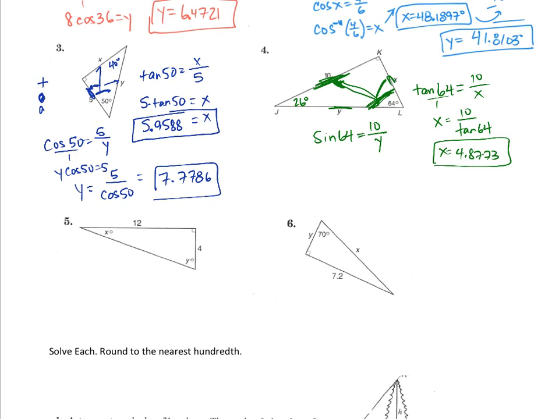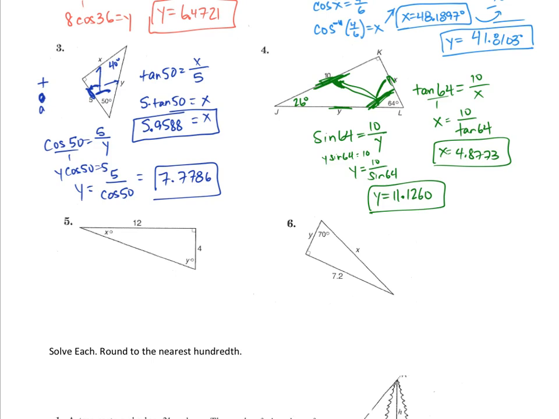So y times the sine of 64 equals 10, so y equals 10 divided by the sine of 64. So 10 divided by sine of 64 comes out to be 11.1260. So I've got x, I've got y, we are all set.